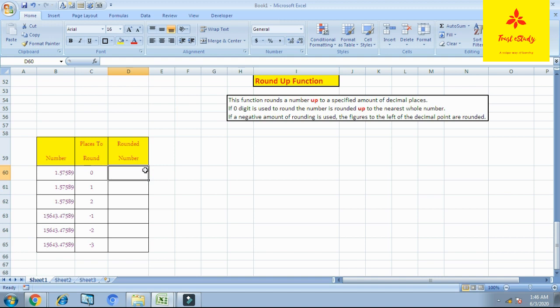Again, we have the numbers here and we have the number of digits up to how many digits we want to round up. We have the same two components in this function. First one is the number and the number of digits, up to how many digits you want to round.